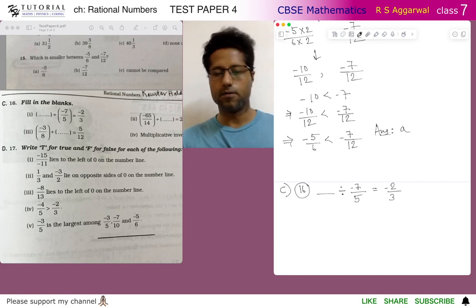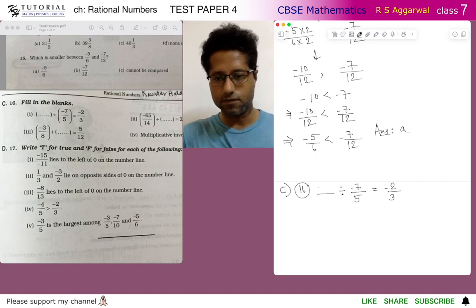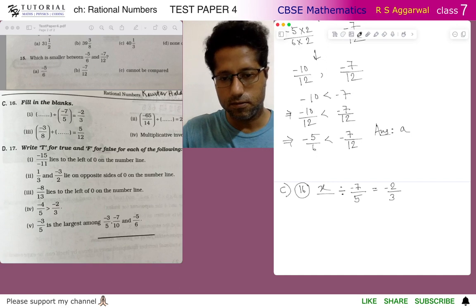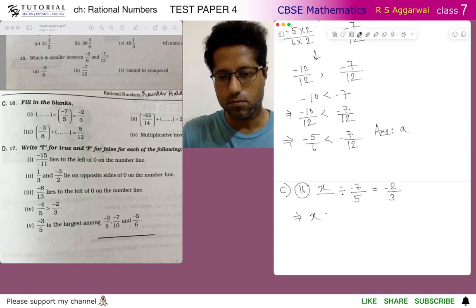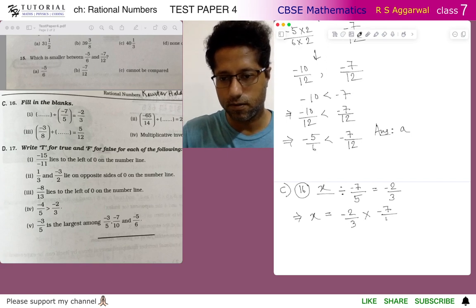So if we consider the blank to be x, then this implies x is minus 2 by 3 multiplied by minus 7 by 5.